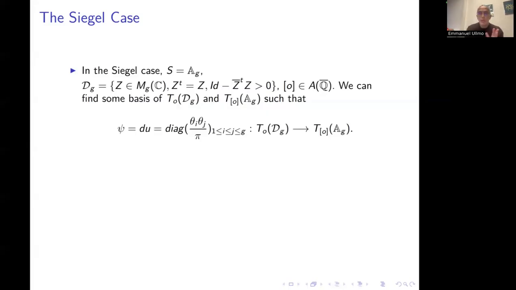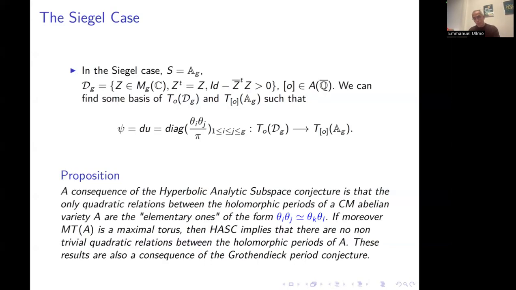So this is Kodaira-Spencer theory somehow, and a consequence of the hyperbolic analytic subspace conjecture, which can be very hard to prove, is that you can deduce from this statement that there are no other quadratic relations between CM periods. The only ones are the elementary ones.